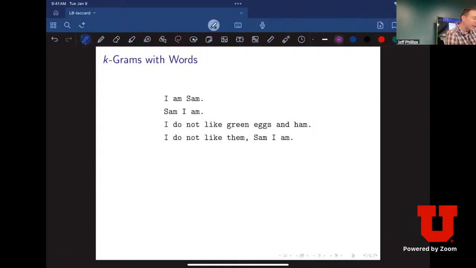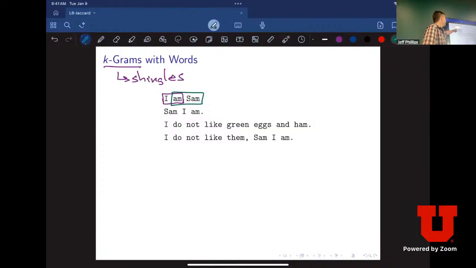The alternative is a more complicated measure using things called k-grams, sometimes called shingles. What we're going to do is model the document with these overlapping consecutive sets of words. So this would be one shingle, I am, and then the next shingle in this document is am Sam.